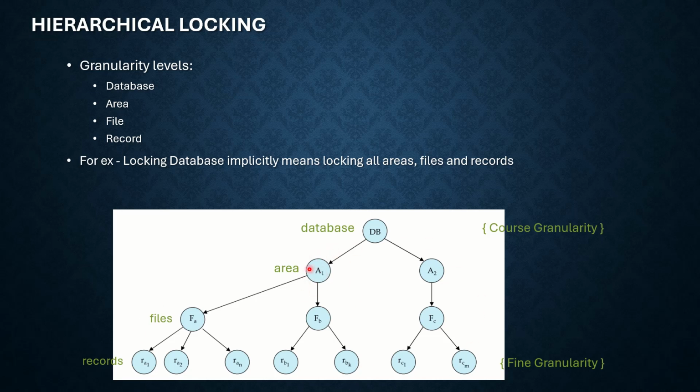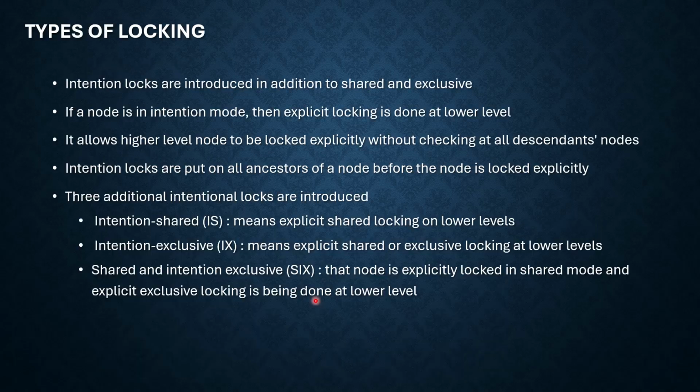So it will put an exclusive lock here, but before that it needs to check that none of these nodes has either a shared or exclusive lock. But how is it going to do that? These are loads of nodes, so it can increase our overhead too much. So how are we going to handle this? For that, we have introduced the intention shared, intention exclusive, and shared intention exclusive locks.